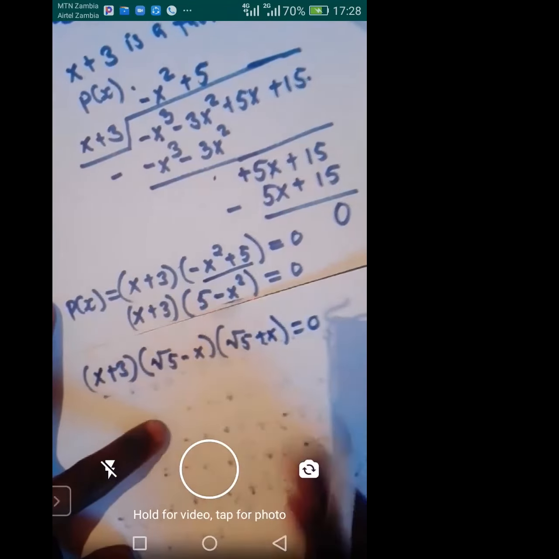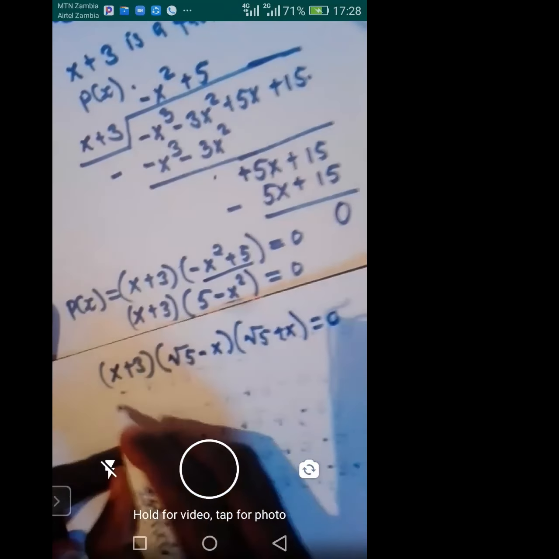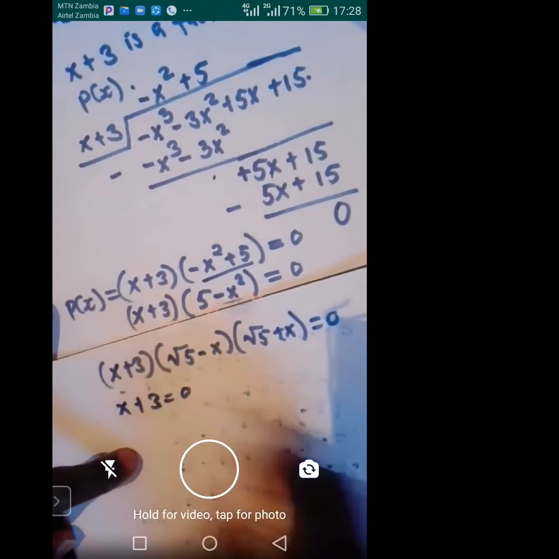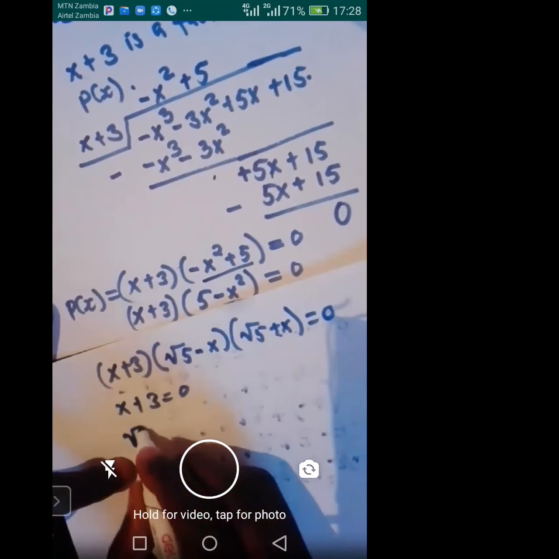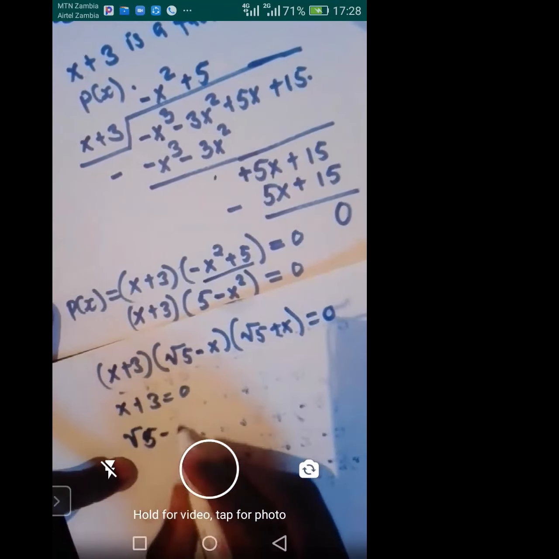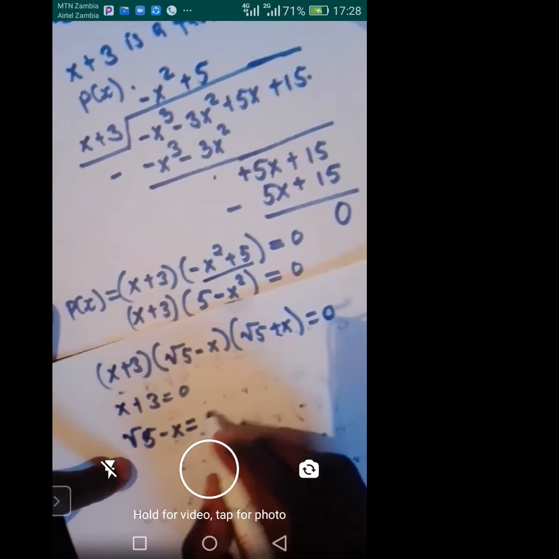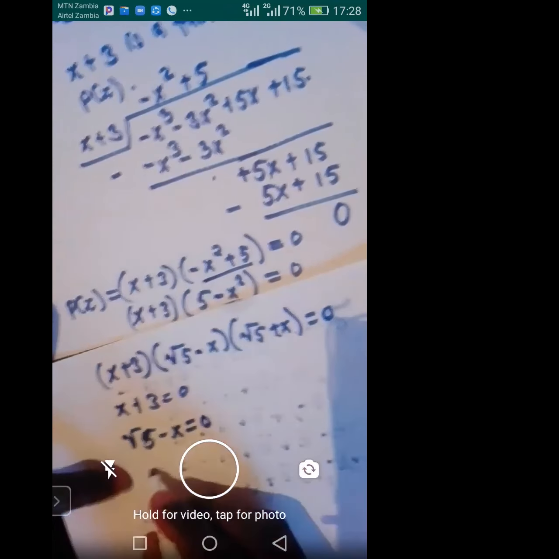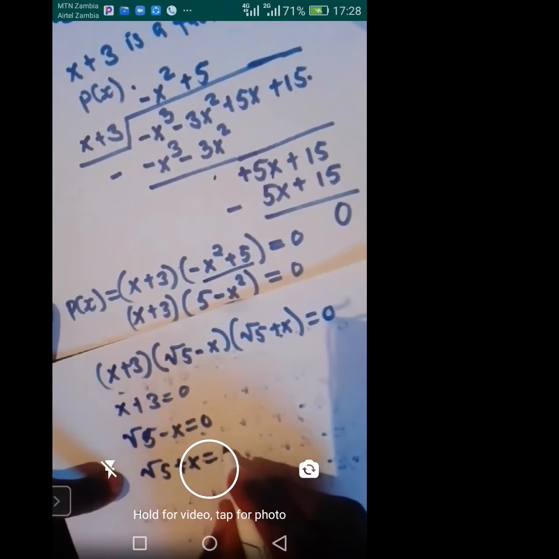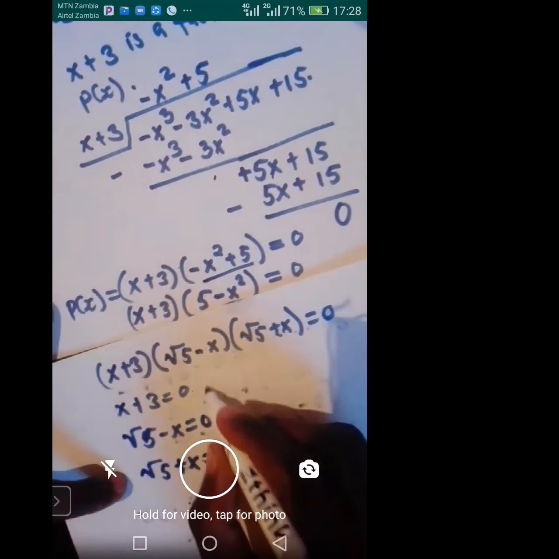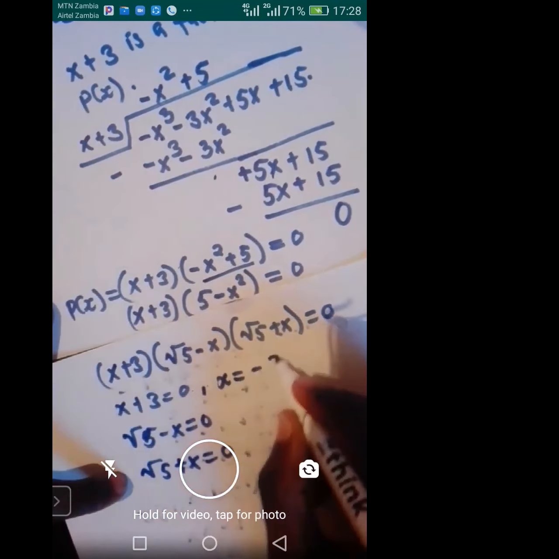We can factorize. We have that x plus 3 equal to 0, and this one here, root of 5 minus x equal to 0, and this one here, root of 5 plus x equal to 0. So here we have that x is equal to minus 3.